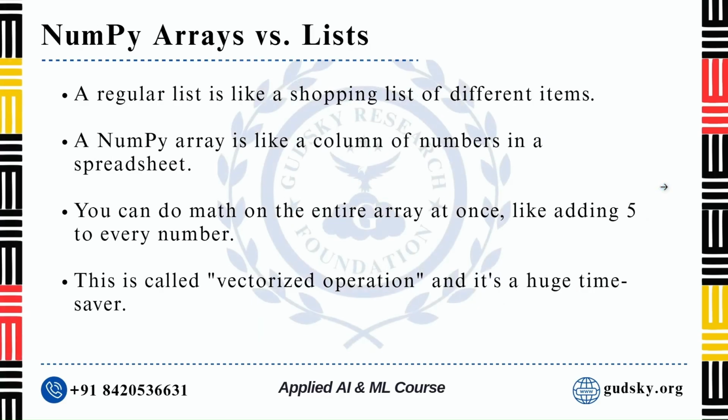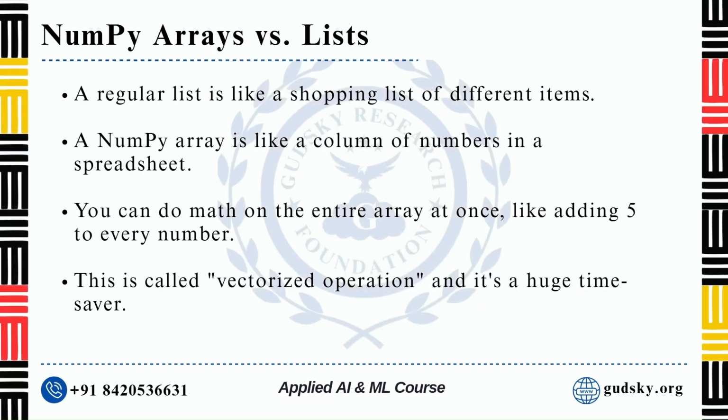Moving forward, now the NumPy array versus list. To understand the difference, imagine a regular Python list as a shopping list with a mix of items: a banana, a book, and a number 10. A NumPy array, on the other hand, is like a neat column of numbers in a spreadsheet.